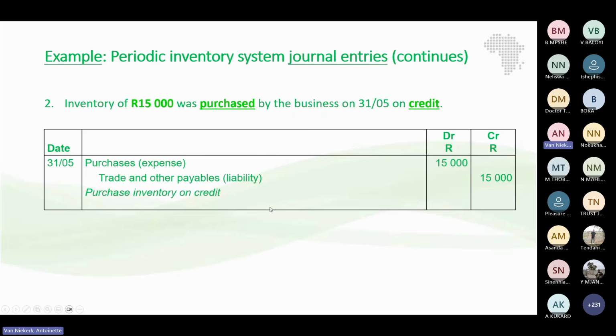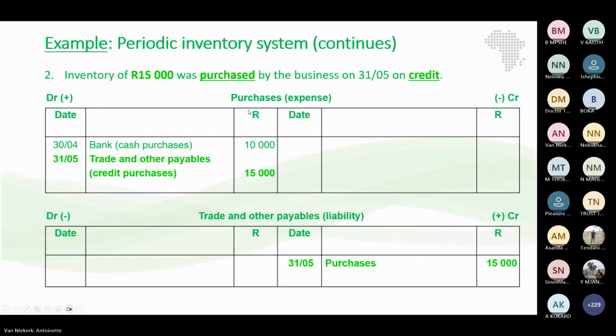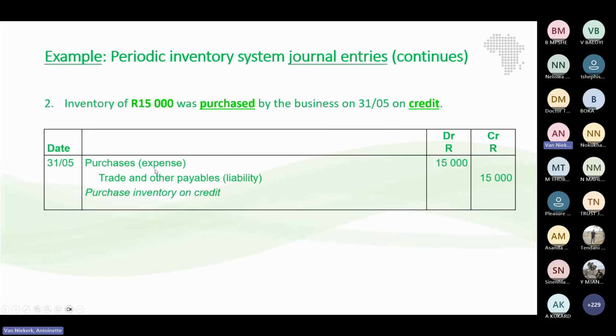Okay, the next is again the journal entry, which is, like I said, just to show you how it will look. Now, again, your purchases account was debited. So we write purchases, which is an expense, and the amount in the debit column. Yes, I know we can see and distinguish between debit and credit, but when an account is credited, we prefer that you put an indent here and then write the account that is credited.